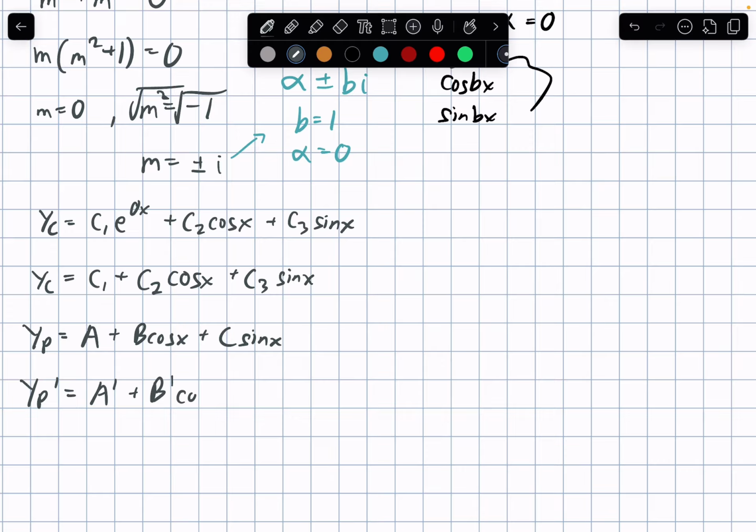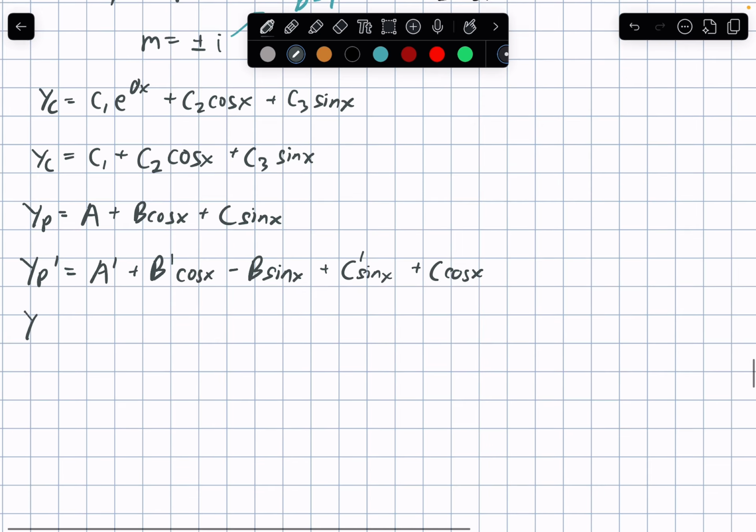So b prime cosine x plus b sine x minus, plus c sine x, c prime rather, plus c cosine x. Okay? And then y double prime is equal to a. We are still deriving.